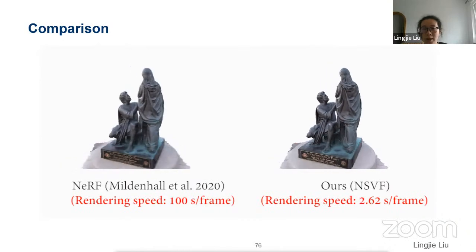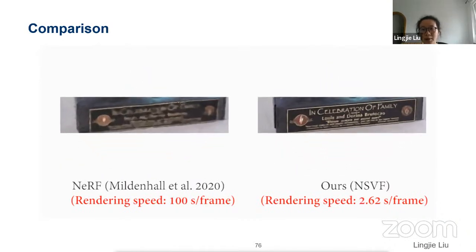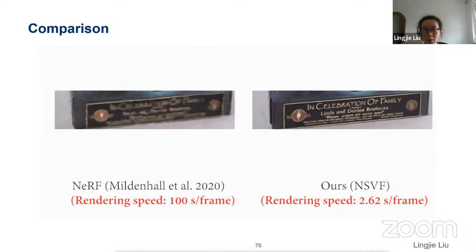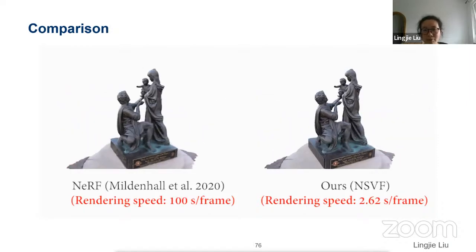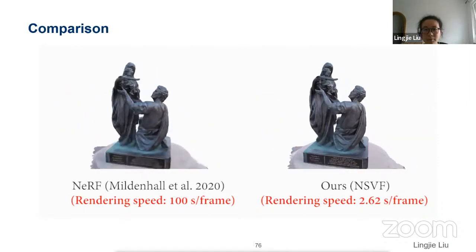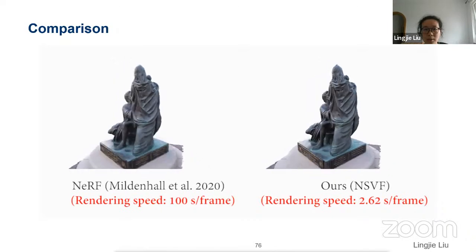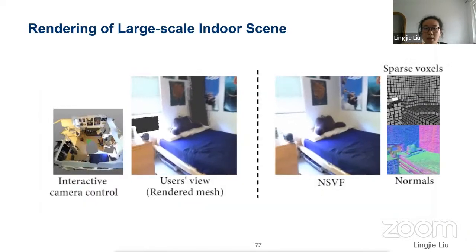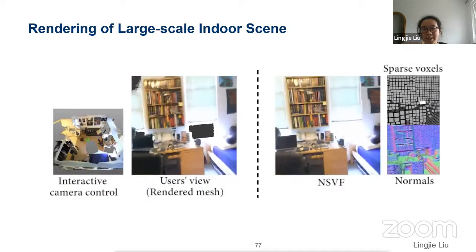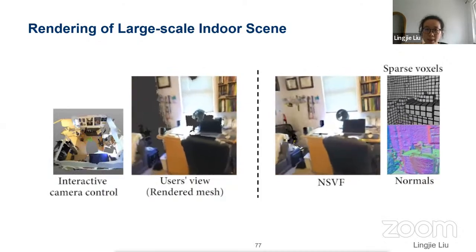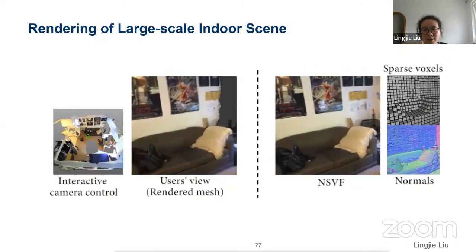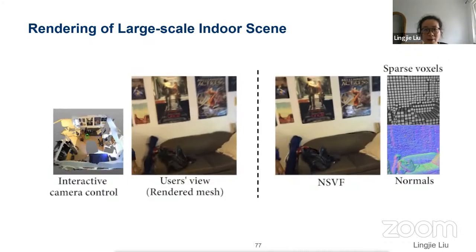Here, I show a comparison with NeRF. Our method achieves both higher quality and faster rendering than NeRF. With NSVF, we can also interactively control the camera pose and synthesize novel views for large-scale indoor scenes.